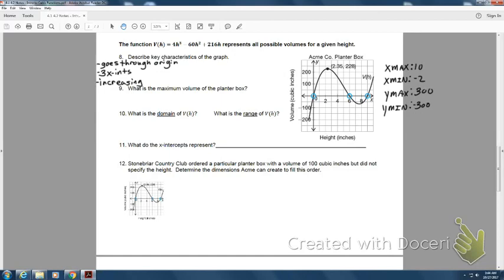Two other things that we need to point out: you're going to have some points that are called the relative max. This one is the part that looks like the vertex of a parabola, and it's labeled on there 2.35, 228.